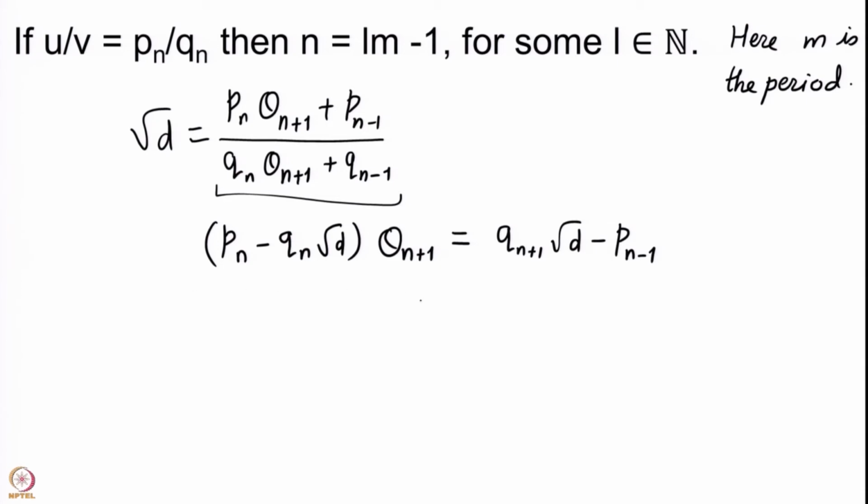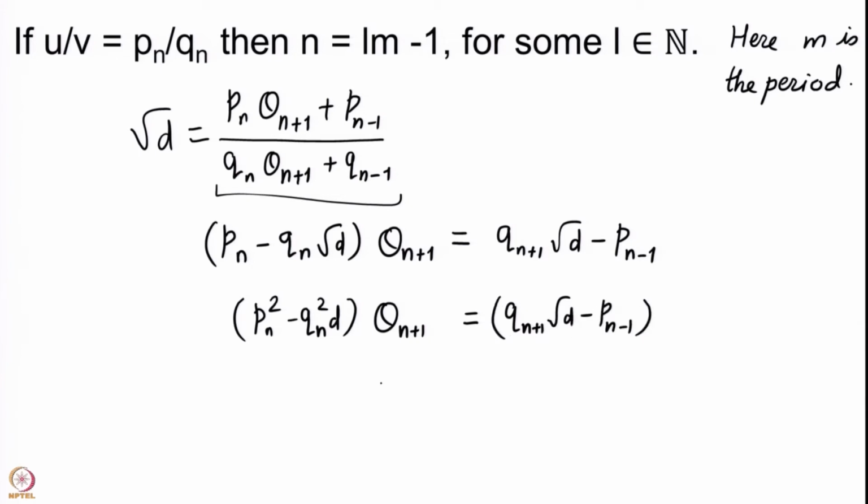And therefore, if I multiply by Pn plus Qn root d to both the sides, we get Pn square minus Qn square d into theta n plus 1 equal to, on this side we get Qn plus 1 root d minus Pn minus 1, excuse me, this is minus 1, into Pn plus Qn root d.